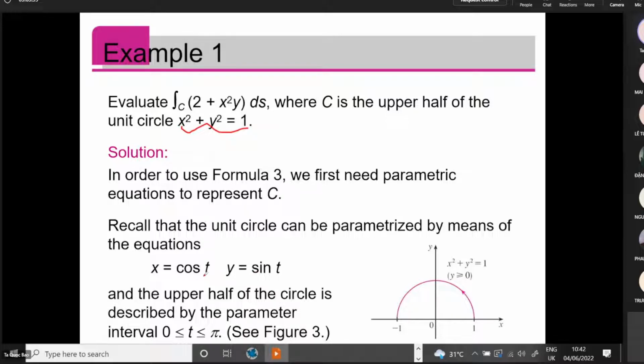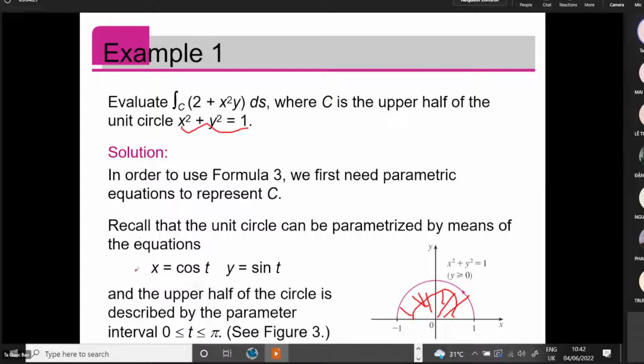Because if you take the r here, then it's not the curve. When r equal to 1, then this is this curve. When r equal to 1/2, this is this curve. So now it's just this curve corresponding to r equal to 1. That's why we don't have a general value r here.